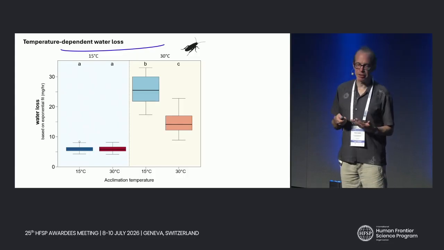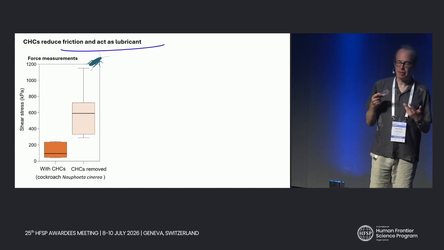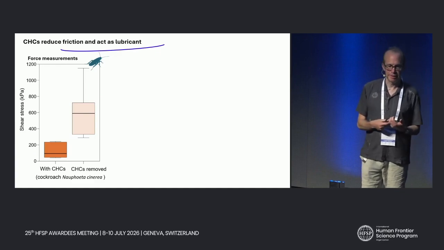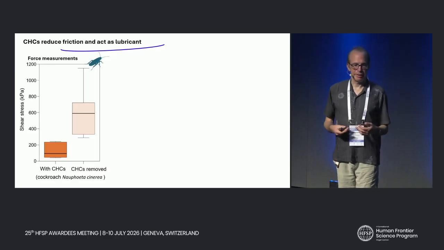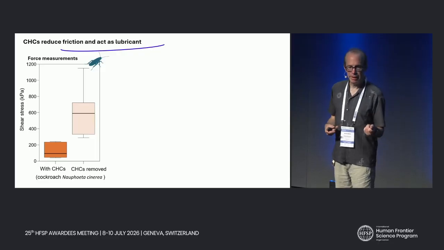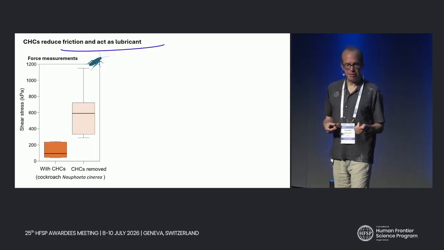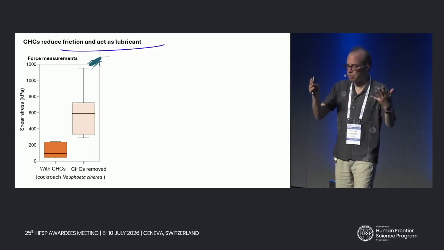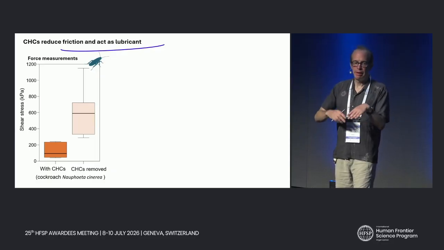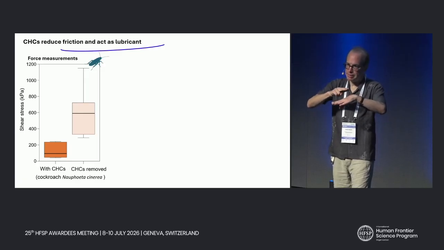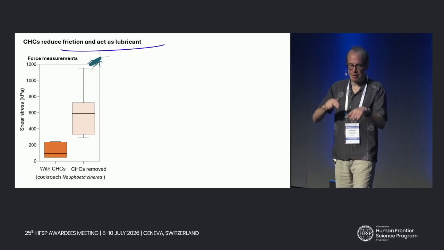Okay, how about friction? I mentioned that friction and lubrication is not really well studied yet. So what we did here is we measured shear stress. That was again Monami's work, and we looked at the CHCs. When you have a normal native cockroach wing, the shear stress of two insect body parts rubbing against each other is quite low.